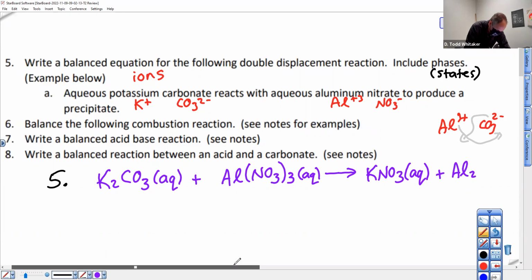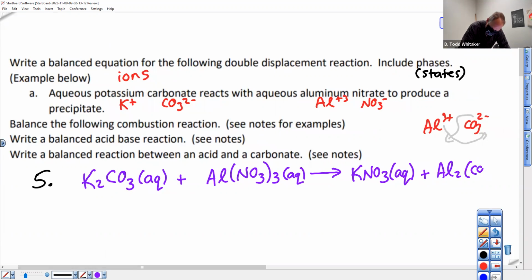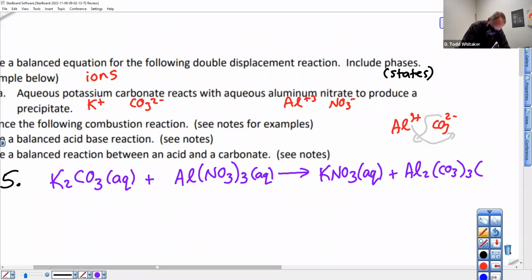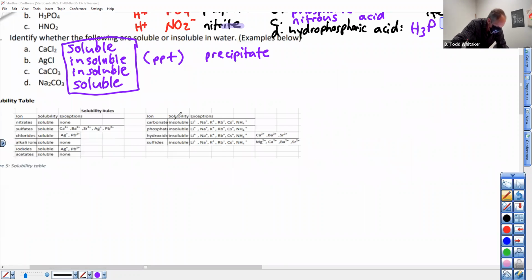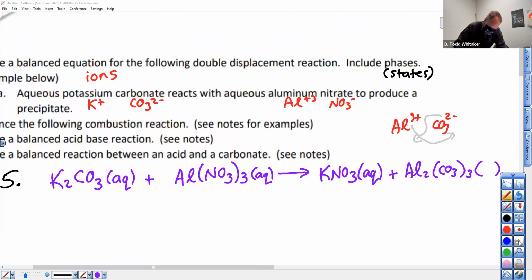Al2, oh, parentheses, CO3, 3 times. Rules on carbonates. Carbonates are insoluble. Aluminum's not on the list. You have to be on this list to be soluble. Everything else, insoluble. What do you write down beside it there? S.